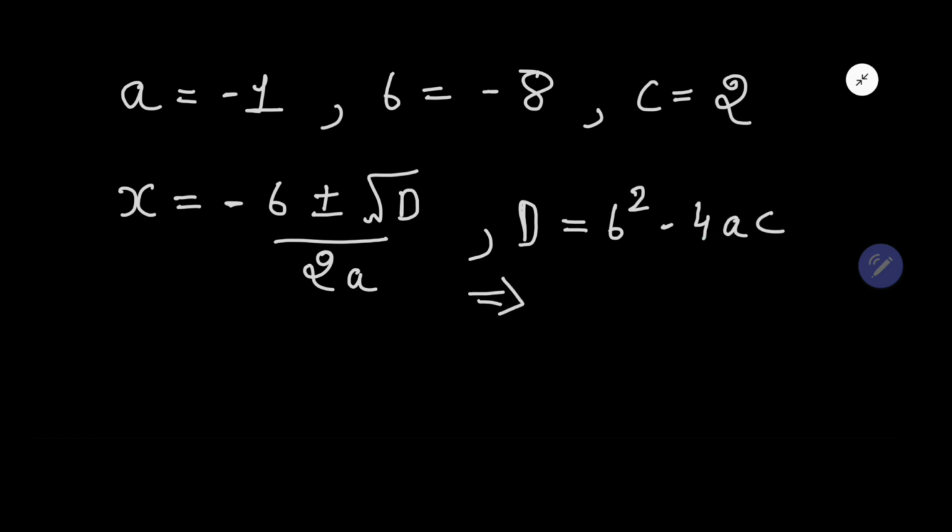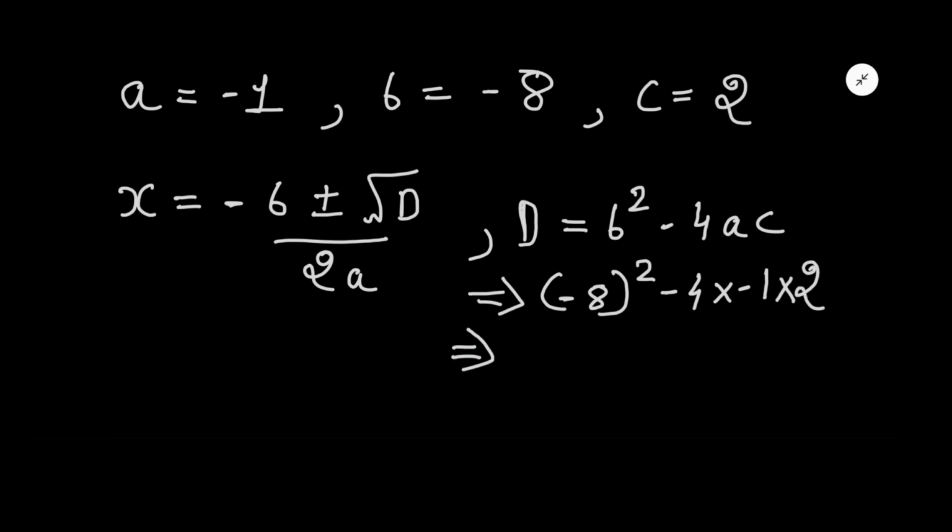So here you can see b is equal to minus 8, a is equal to minus 1, and c is equal to 2. So if we calculate, minus 8 into minus 8 is 64, plus minus 4 into minus 1 into 2 is 8. So d is equal to 72.